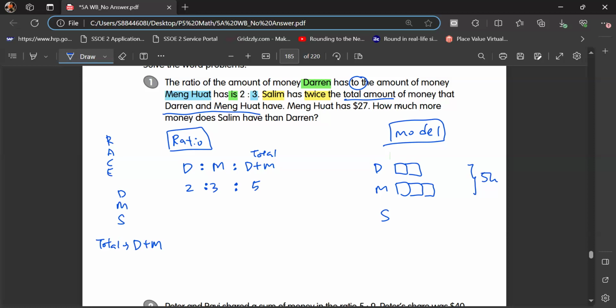So if Salim is twice, that means how many units? Salim has twice the total. So it's this one times 2. That means I have Darren, Ming Huat, Darren, Ming Huat. 1, 2, 3, 4, 5, 6, 7, 8, 9, 10. Altogether 10 units.